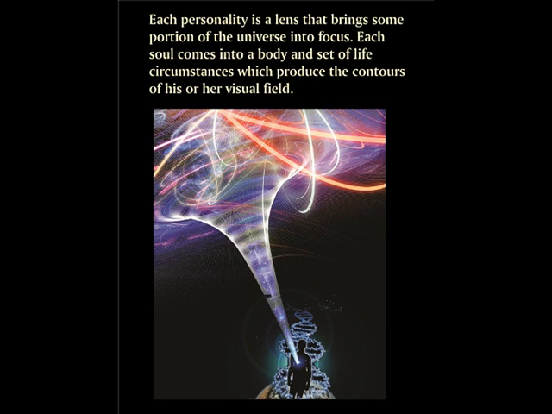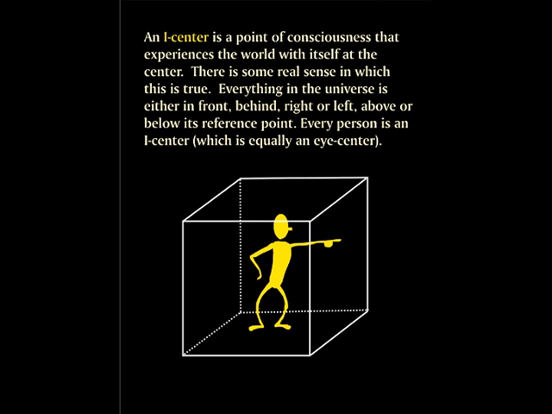Each soul comes into a body and a set of life circumstances which produce the contours of his or her visual field. An eye center is a point of consciousness that experiences the world with itself at the center. There is some real sense in which this is true. Everything in the universe is either in front, behind, right or left, above or below its reference point.